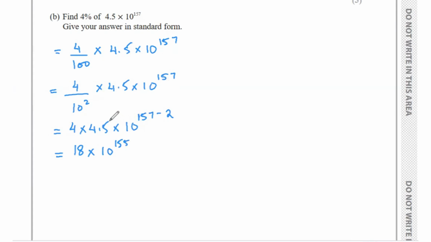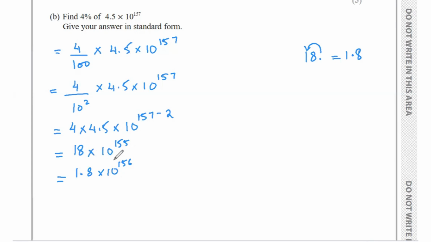If you're wondering whether this is in standard form or not, it's not. So the 18 is rewritten as 1.8. Why? Because every whole number has a decimal at its end, so this decimal is moved over here. If 18 is becoming 1.8, that means we're going to add 1 to the power over here as well.